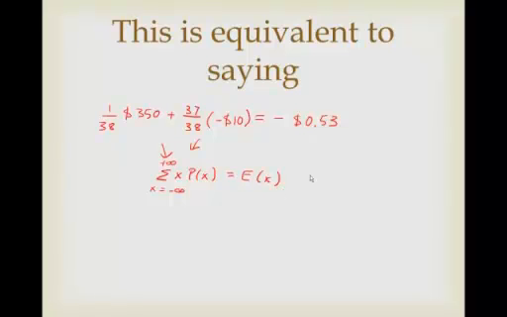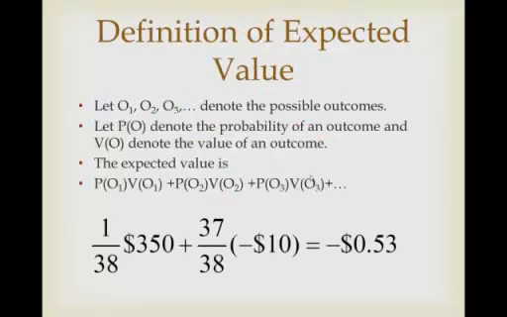So I'm just going to write this in a little bit different way, and that simply says that the definition of the expected value, if you take all those outcomes, multiply each outcome by its probability of getting that particular outcome, and you'll find what the expected value is.